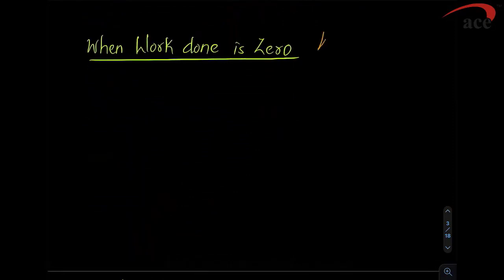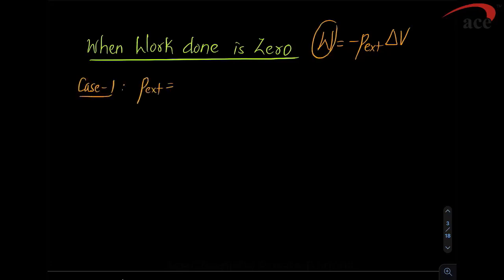Coming to the next, when will the work done be 0? We know work is given by the formula minus P external into change in volume. If you want work to be 0, you can have two cases. Case 1, when external pressure is 0. Do you know when external pressure is 0?